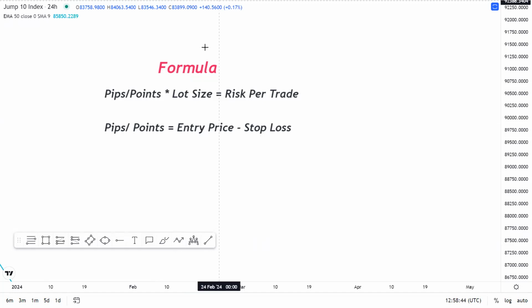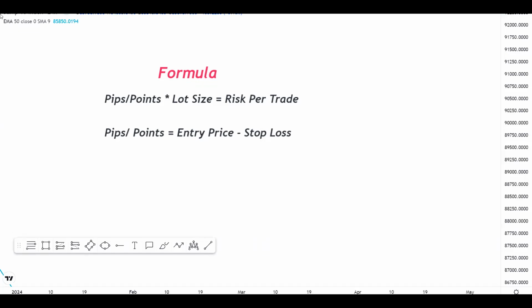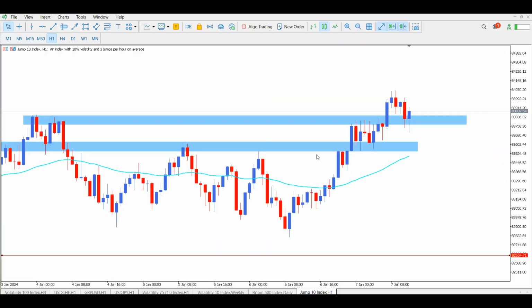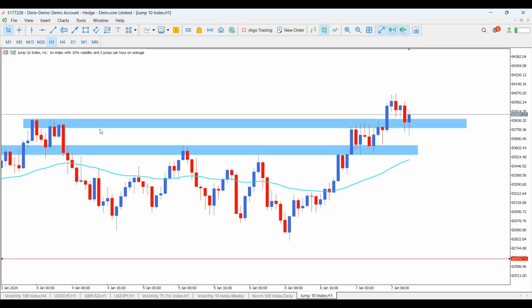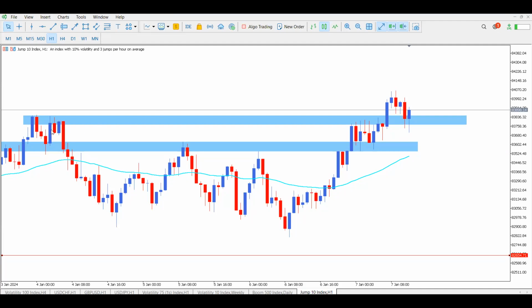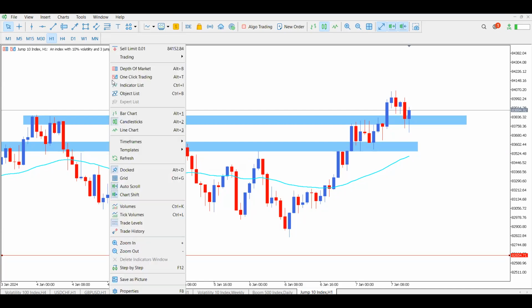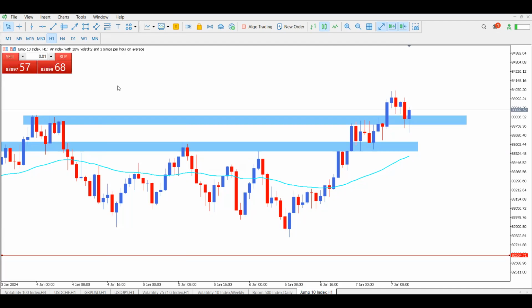Very quickly, looking at a short example of how to do this, moving to the MetaTrader. Assuming I want to take a buy trade on the Jump 10 index from the current position, and then simply sticking with the least lot size on Jump 10 index, which is 0.01.